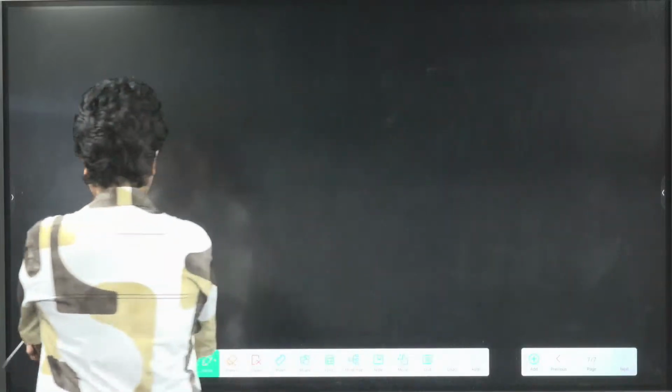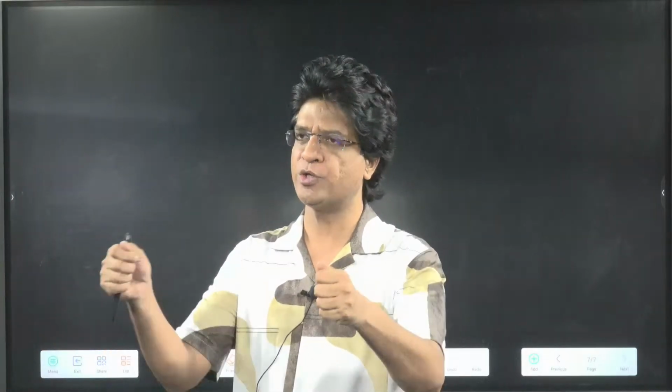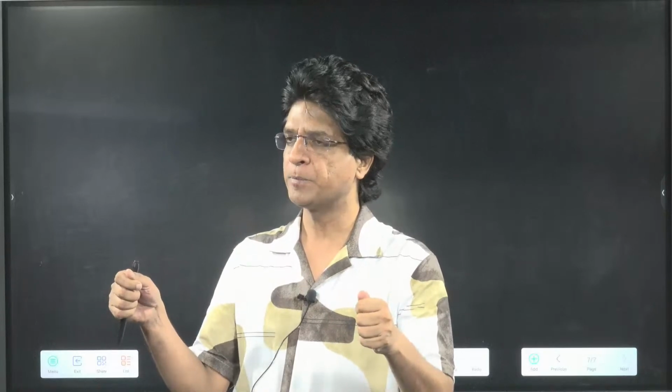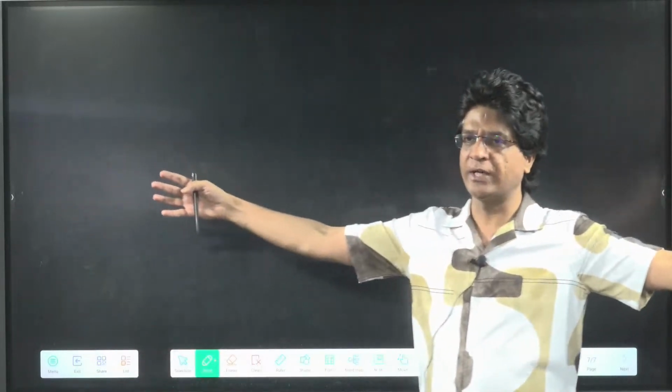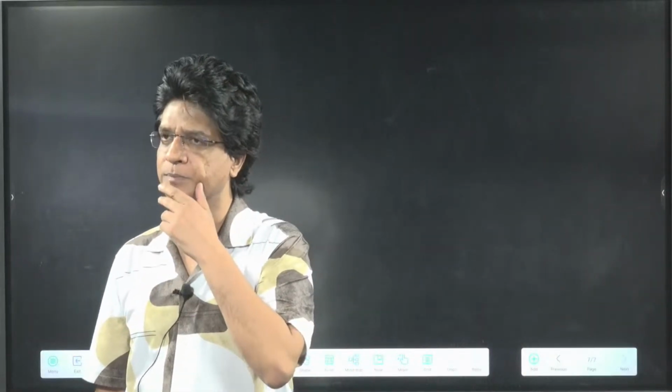If I give you a meter scale to find out the position of electron, will you be able to find out the position of electron with the help of a meter scale? No, not at all. If I give you a kilometer scale, an even bigger scale, will you be able to find out the position of electron in an atom? No, again.